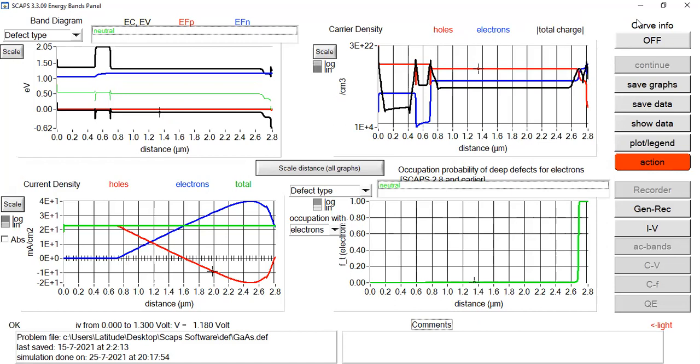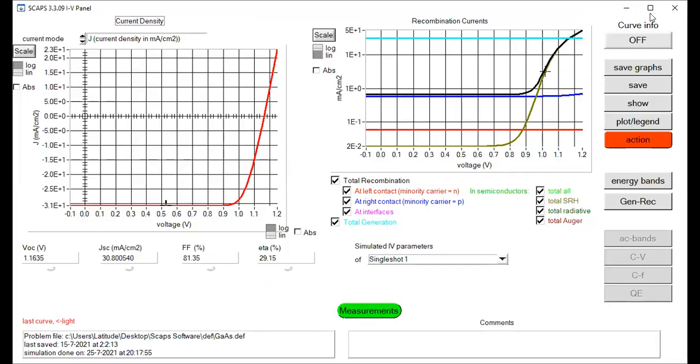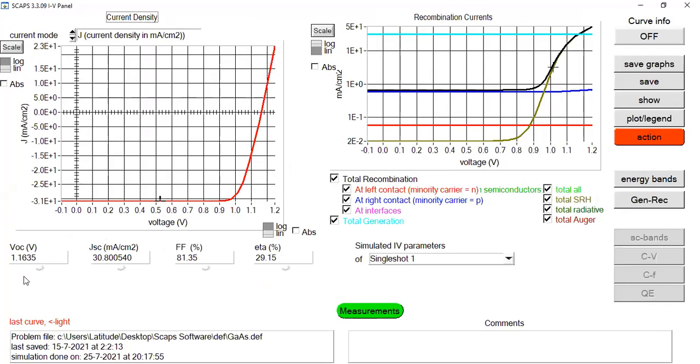So definitely with a higher value like 5.7 electron volt, it will provide us a better power conversion efficiency and performance. Okay, you can see that the VOC value is 1.6, short circuit current value is 30, fill factor is about 81.35, and efficiency is about 29.15.